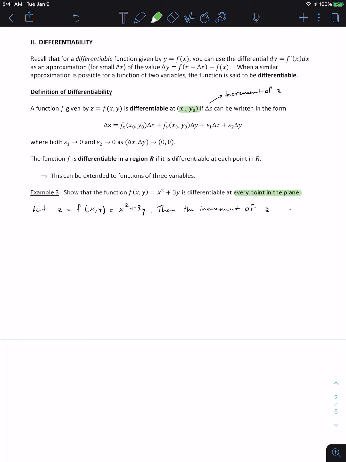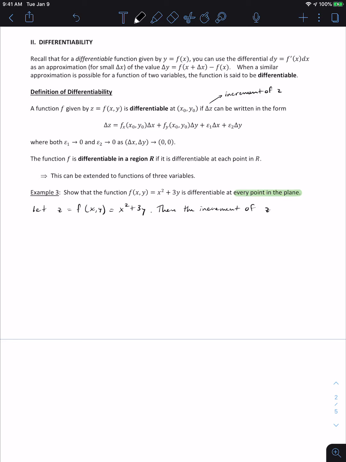So instead of plugging in this specific x naught, y naught, I'm going to plug in a generic x and y. If it's true for generic x and y, then it's true for everybody. So when I plug in x and y values there, I'm just going to use x and y for a generic value instead of x naught, y naught.